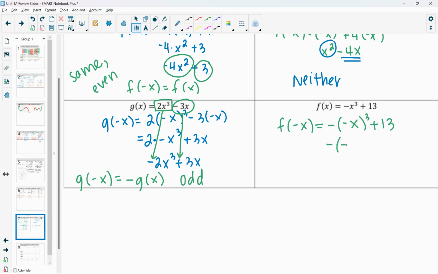So we have a negative x cubed plus 13. And negative times negative x cubed is positive x cubed plus 13. So then we see that this first term is opposite, and we see that this second term stayed the same. So this is going to be neither.